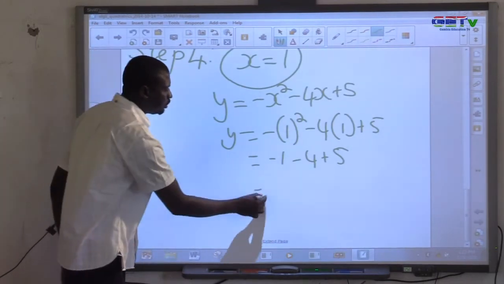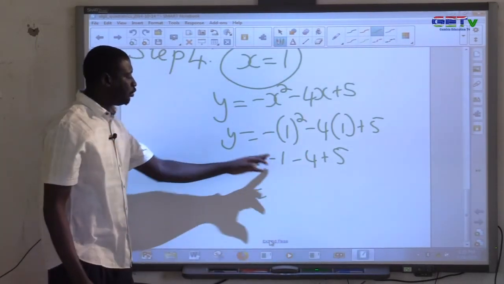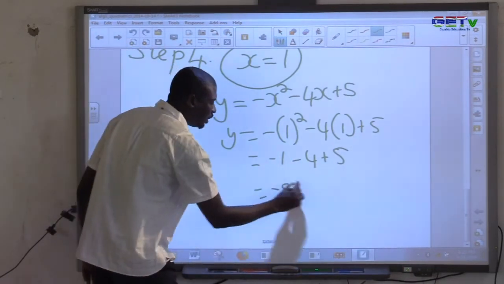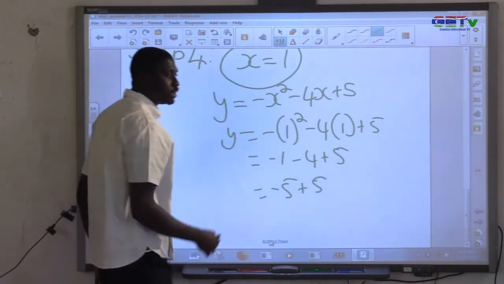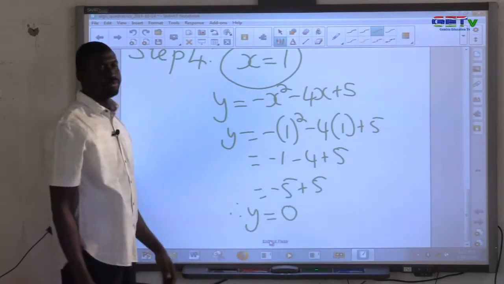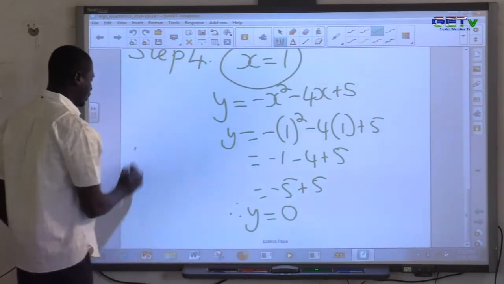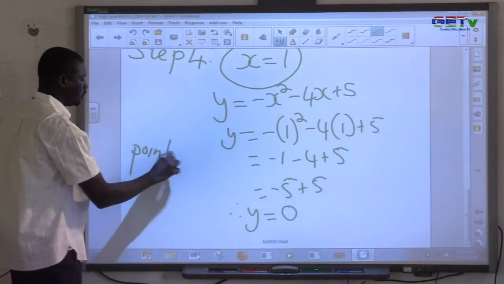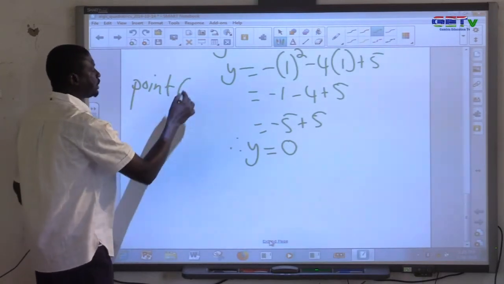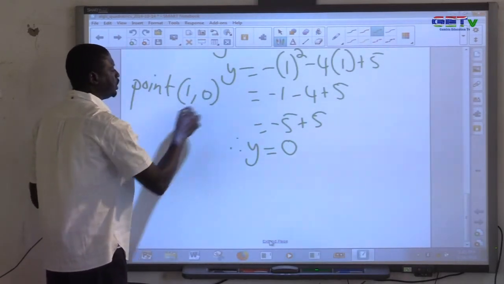This will give us negative 1 minus 4 will give us minus 5. So it will be negative 5 plus 5. Automatically, the y value, y is equal to 0 at that point. So the coordinate point for the extra first point there will be when x is 1, y is 0.